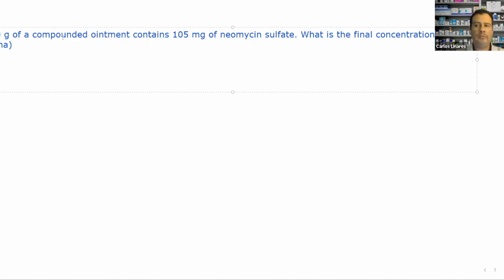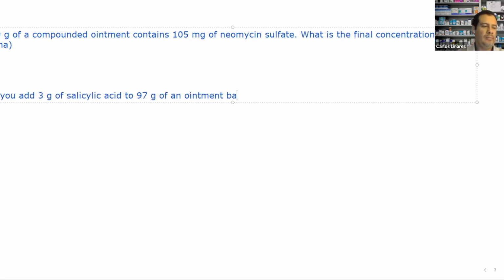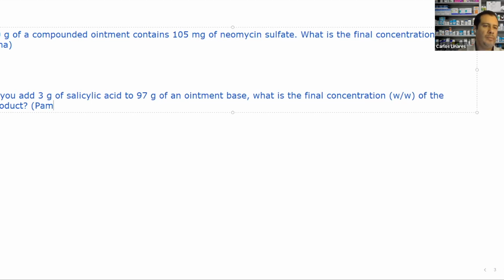I'll give this one to Pamela. If you add 3 grams of salicylic acid to 97 grams of an ointment base, what is the final concentration weight per weight of the product? Pamela, and everyone should work on them as well.